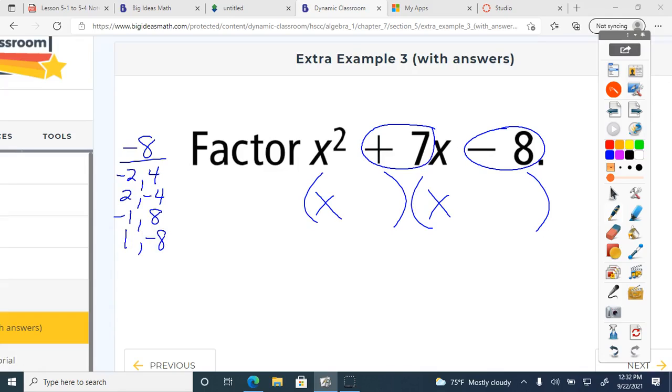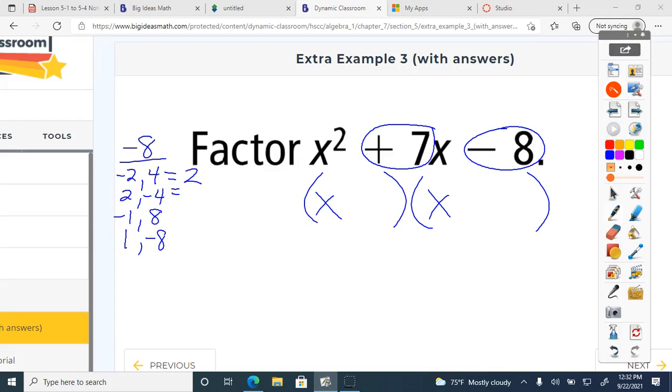No, that's it. So if I add these up, what do I get? If I add negative 2 and 4, what do I get? Negative 2 plus 4 is 2. What's 2 minus 4?